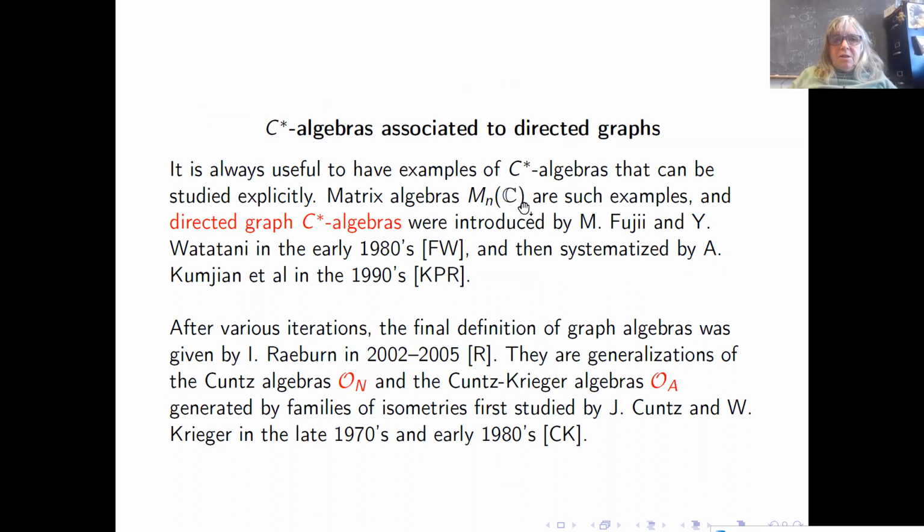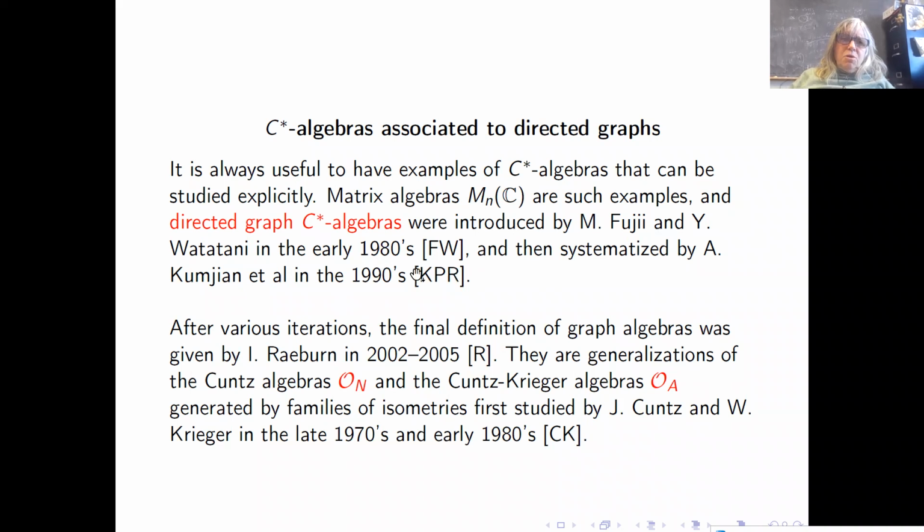Okay, so as I say, if you have matrix algebras, it turns out they're special cases of graph algebras, but you can visualize them via the matrix units, and you could have generators and relations. And then directed graph algebras were introduced by a lot of people, each takes credit. Watatani and Fujii in the early 1980s were studying these.